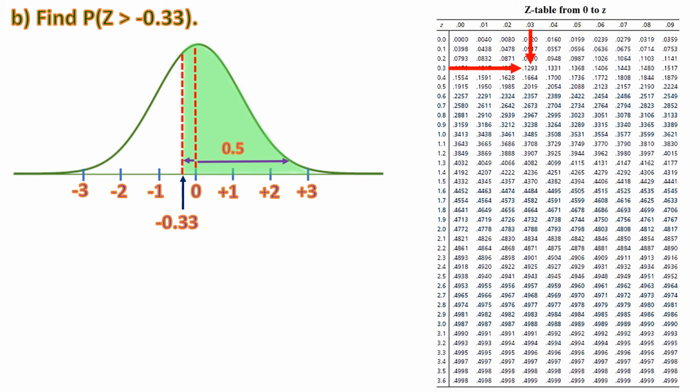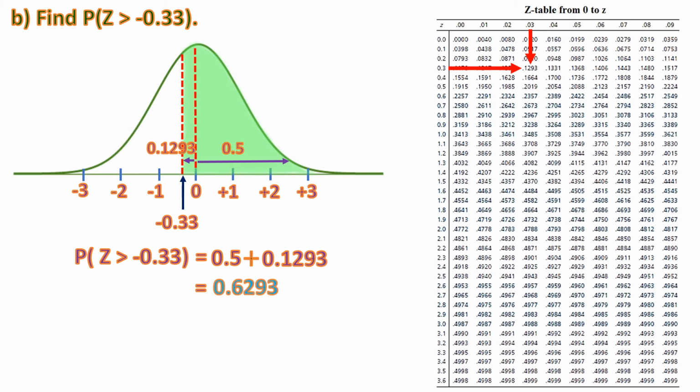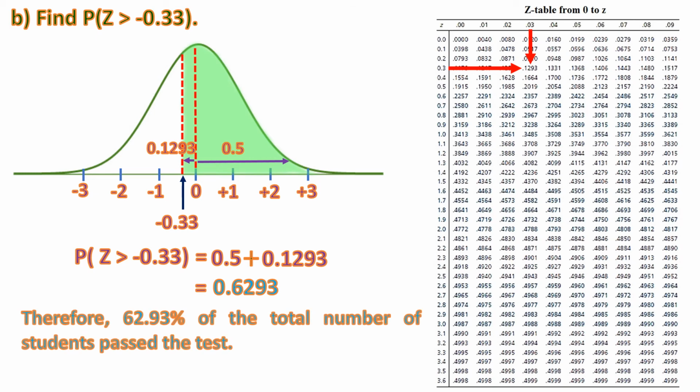So the area of that strip is 0.1293. So to find the whole shaded part, we're going to combine 0.5 plus 0.1293. So the sum is 0.6293. So this means 62.93% of the total number of students passed the test.